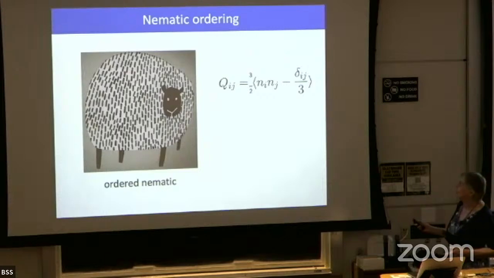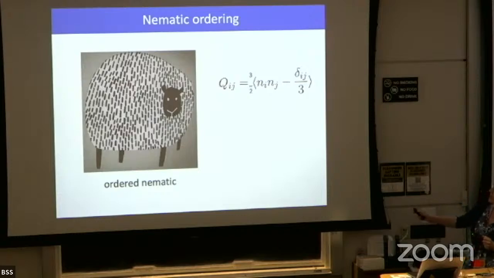We can just look at this and see why it's a symmetric traceless tensor. This i and j are Cartesian directions, so those just label the Cartesian directions. It's obviously symmetric because if I switch i and j, I end up with the same thing. It's traceless because I subtract this term here. So let's look at Q_xx squared plus Q_yy squared plus Q_zz squared.